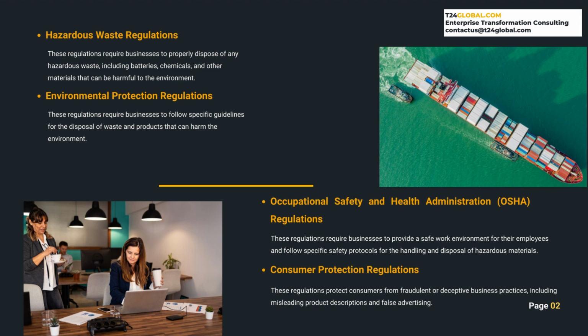2. Environmental protection regulations. These regulations require businesses to follow specific guidelines for the disposal of waste and products that can harm the environment. Businesses must identify the types of waste that require special handling and disposal, such as electronics, chemicals, and batteries.